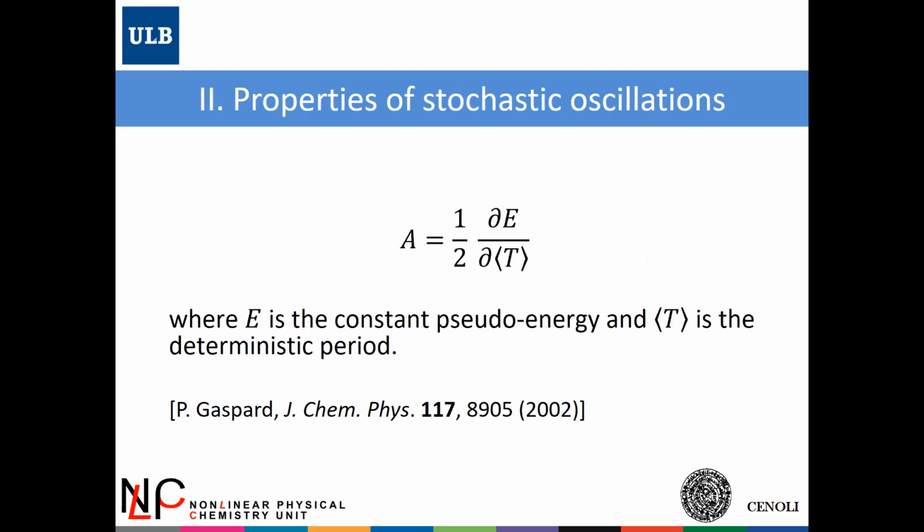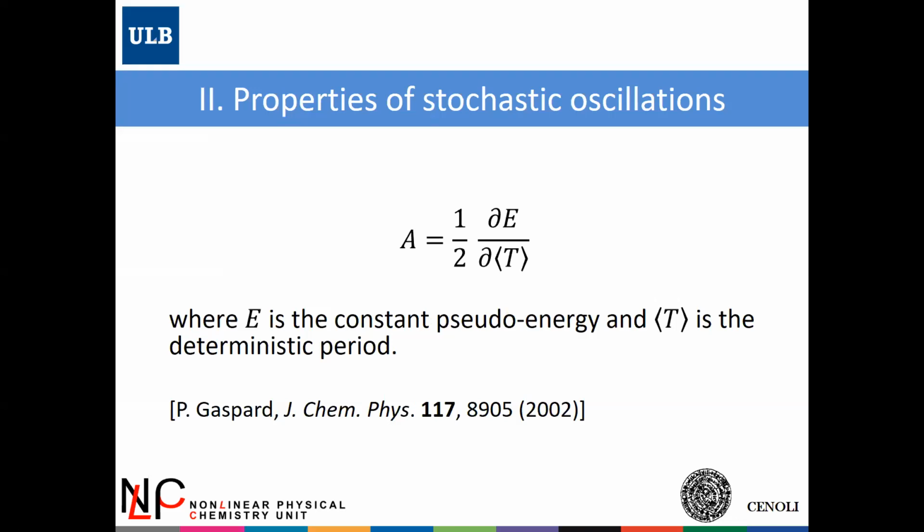And A is something related to the pseudo energy that I was mentioning before. More precisely, it depends on how this pseudo energy varies with the period of the deterministic limit cycle. And this quantity, this derivative, is not easy to evaluate, even if you have a very precise model for the system.